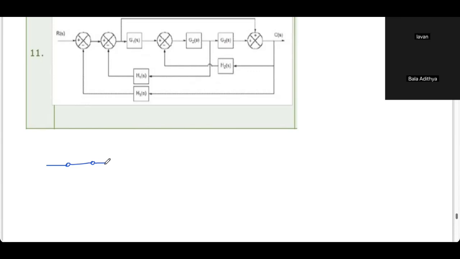The output of the summer is divided into two, so you can take it from here.